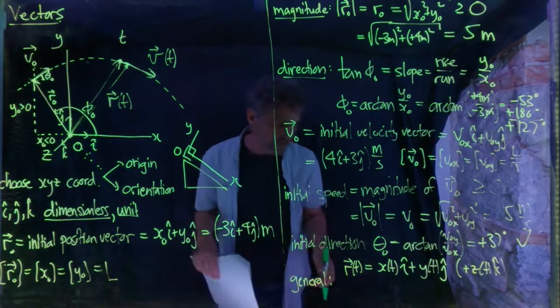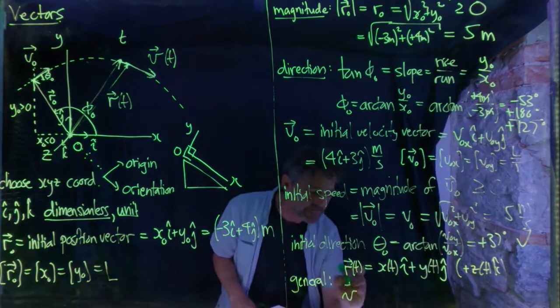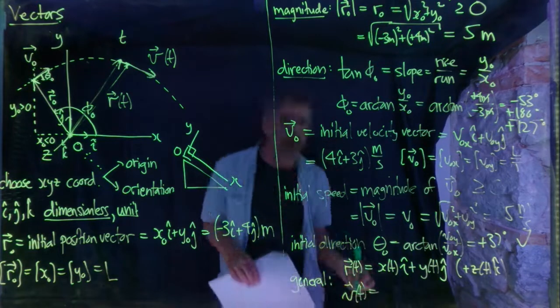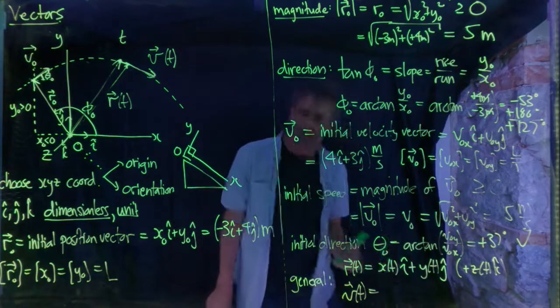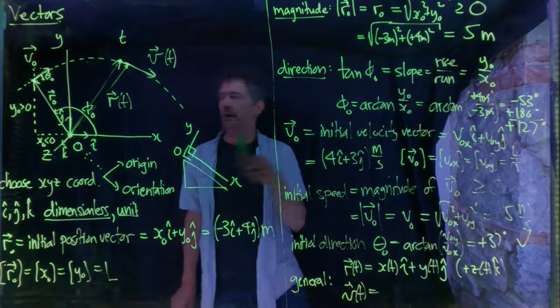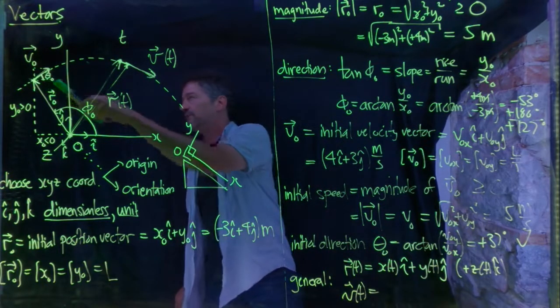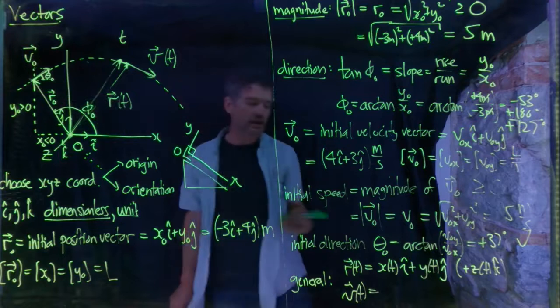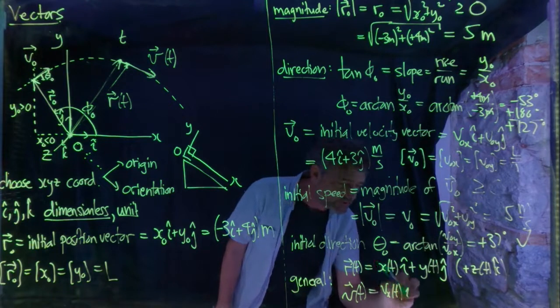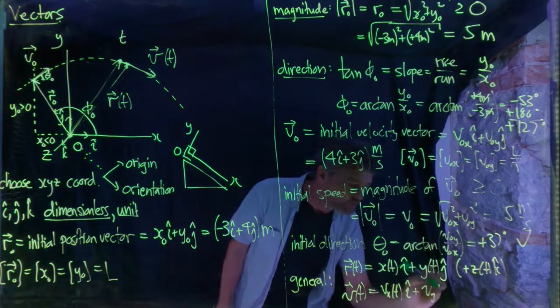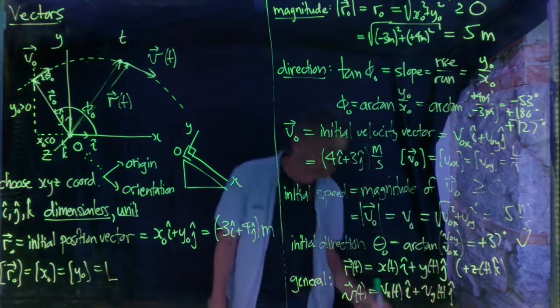And the velocity vector at any instant of time can likewise be written as a linear combination of i hat and j hat. So instead of just, say, v0x in the i hat and v0y in the j hat, it's just some function. We'll call this vx of t in the i hat direction, plus vy of t in the j hat direction.